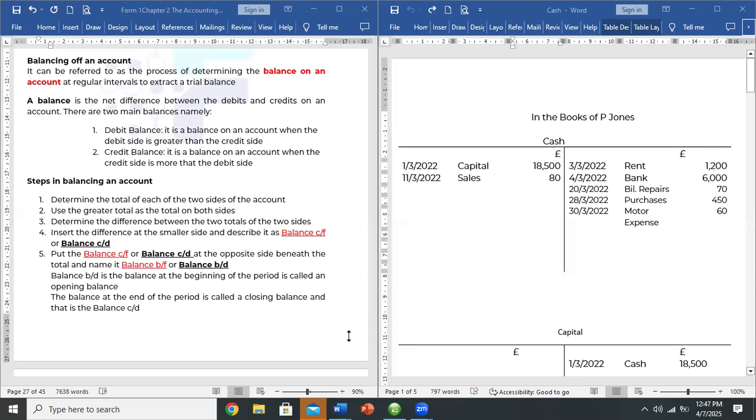Bridget, are you ready with the figure for the debit side? Bridget, we are waiting for the figure. Please, can you take it again?